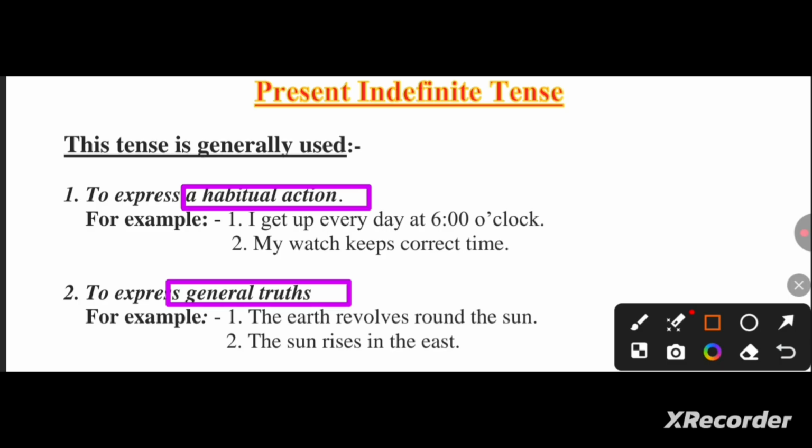It is given over here in the sentence: the earth revolves around the sun. Here it expresses the general truth. Again, in the second one, this is also a general truth: the sun rises in the east.